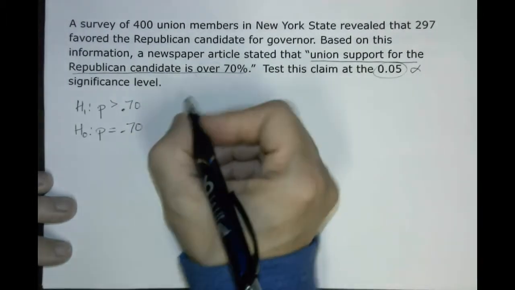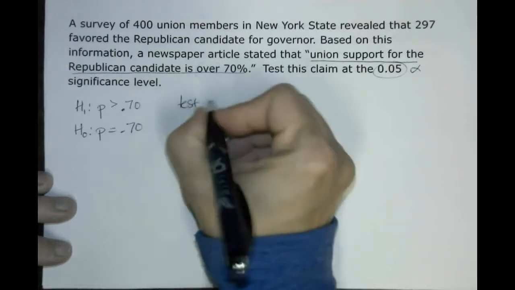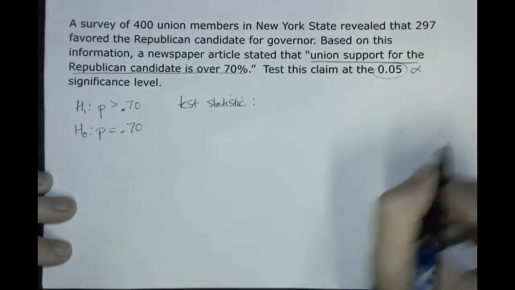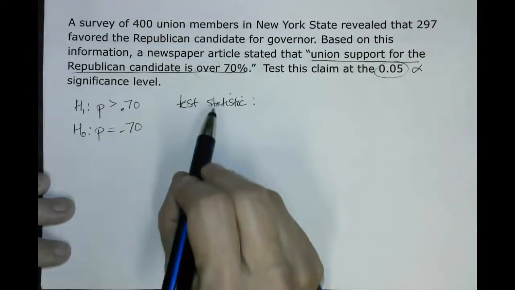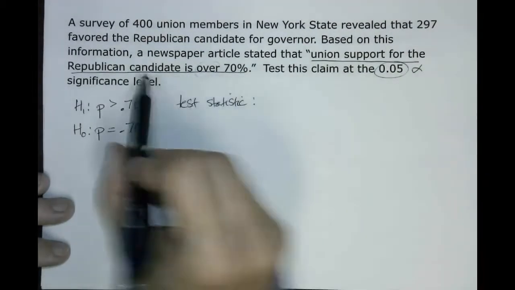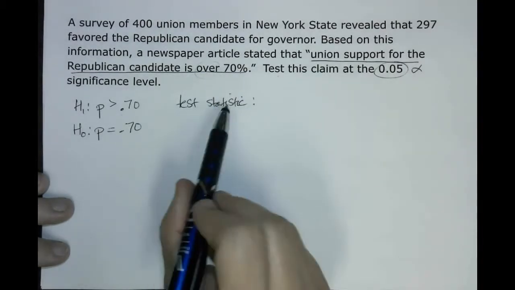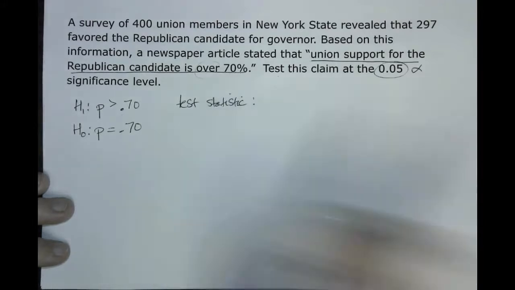And then we come to the test statistic. So this is where you want to have your notes pulled up and make sure that you're looking at the correct notes for this. This is talking about a proportion, so you should be looking for the formula for the test statistic for a proportion.